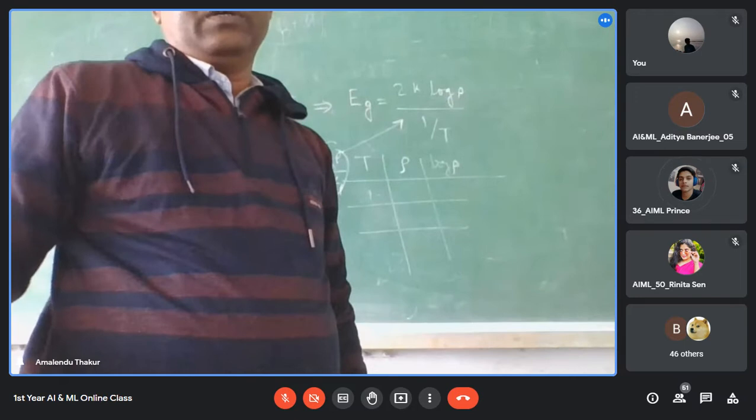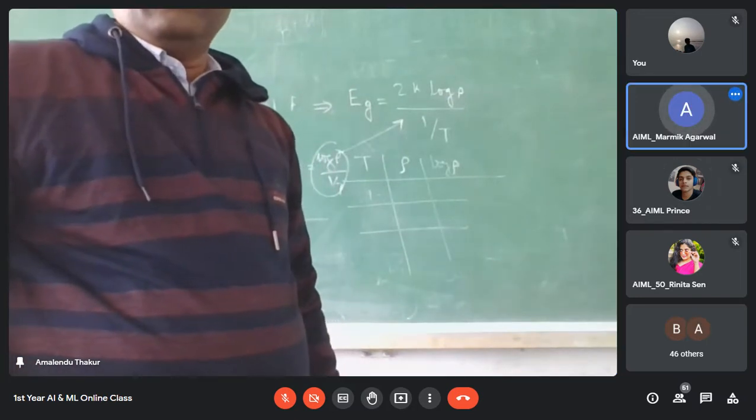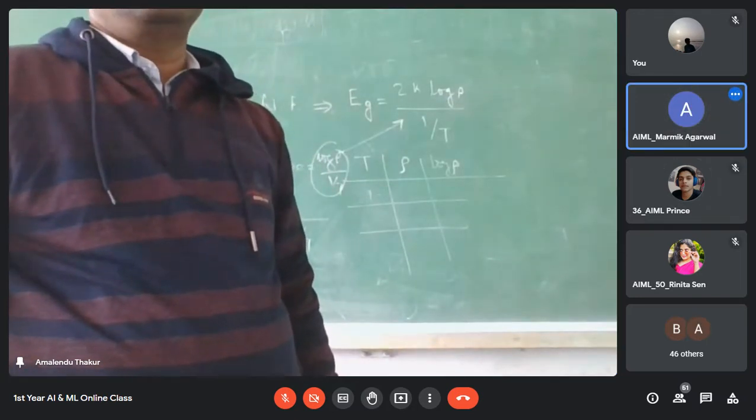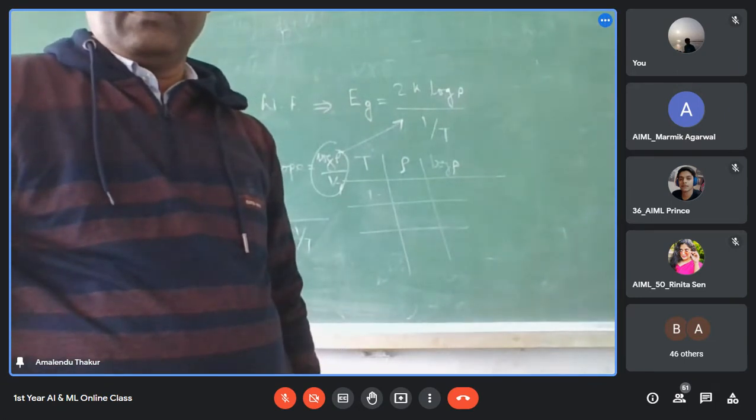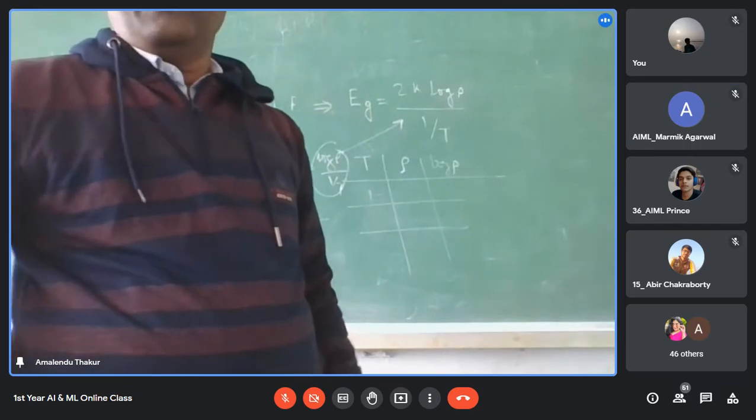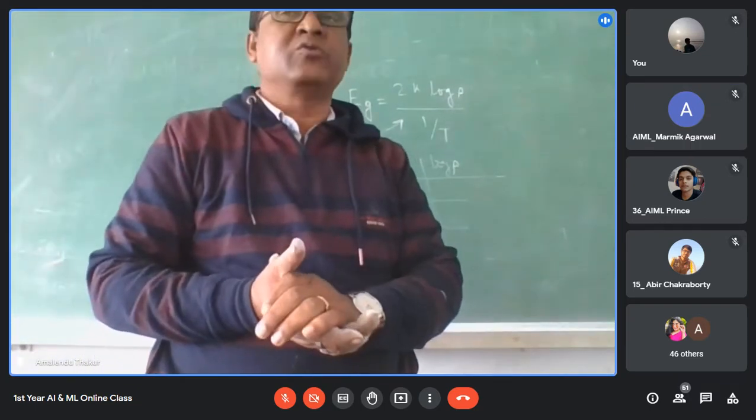At least how many observations? At least 10 or 12 observations you have to take. Temperature, first you have to take at normal temperature, that is room temperature.